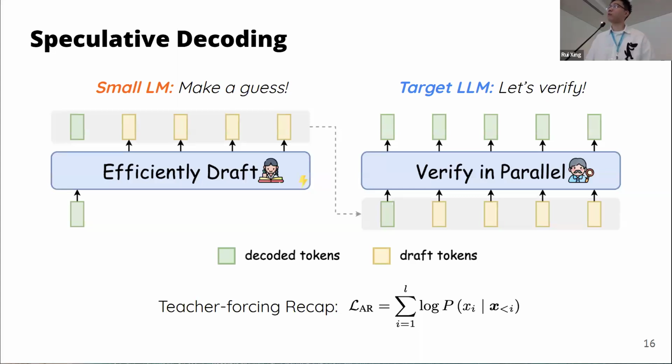In each decoding step, we only leverage an efficient draft model like Llama 7 billion, compared to Llama 70 billion. Given the input prompt or the prefix, the draft model starts to draft iteratively, autoregressively or non-autoregressively. Anyway, it's a very efficient process, and it can give us multiple draft tokens as the speculations. And then we illustrate how the target large language model could verify all these draft tokens in parallel in a single decoding step.